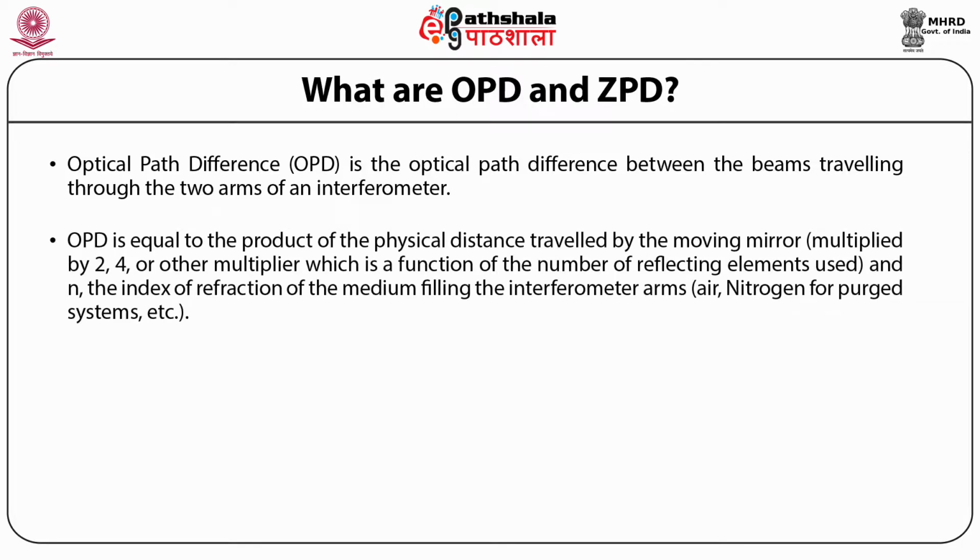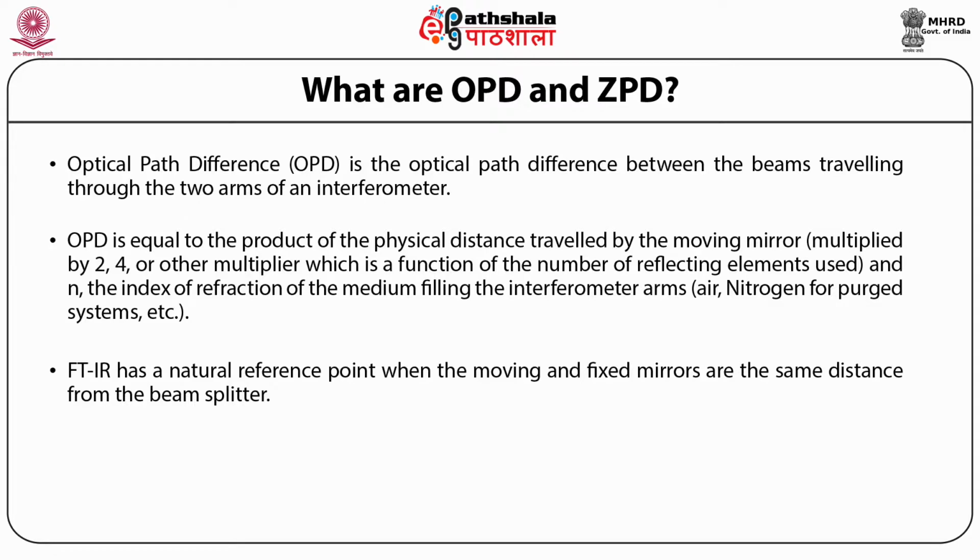OPD is equal to the product of the physical distance traveled by the moving mirror multiplied by 2, 4 or other multipliers, which is a function of the number of reflecting elements used, and n, the index of refraction of the medium filling the interferometer arms: air, nitrogen for purge systems, etc. The raw FTIR data consists of a number of signal, OPD pair of values.